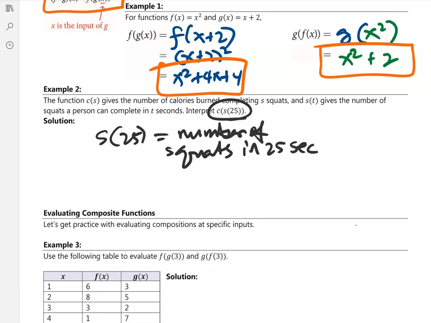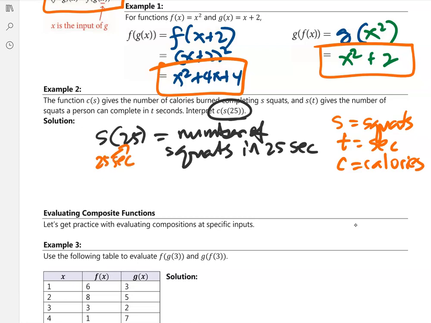Okay, first we need to define s is squats. The time here is in seconds, and let's use c as the calories. So here meaning 25 seconds. Okay, but what we want is c of s of 25.